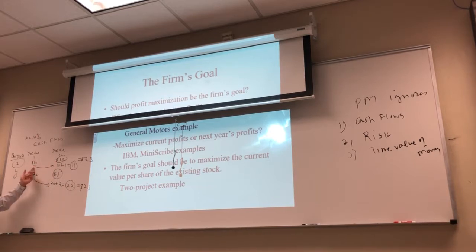Okay, with interest. This with interest will become $11. Now I can add the two. Because $11 is the value in year 2 of this $10. Now I add the 2 and I do the same thing here. All right? All right, so we'll stop here.